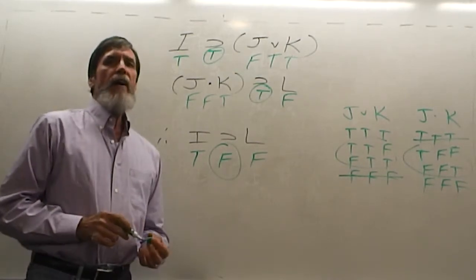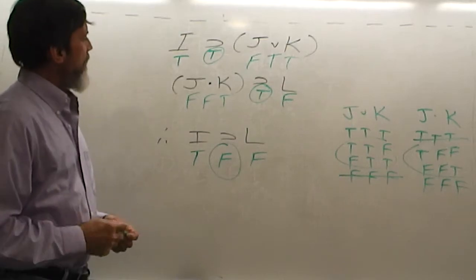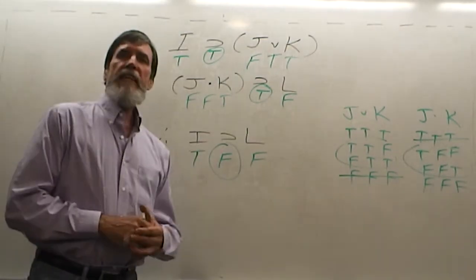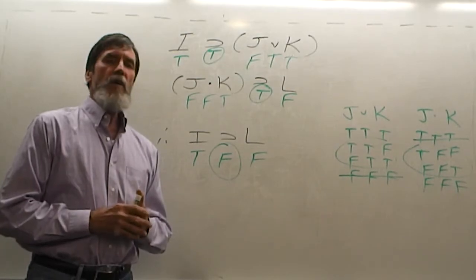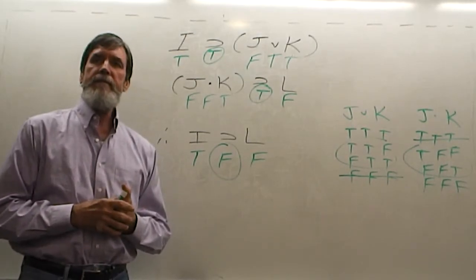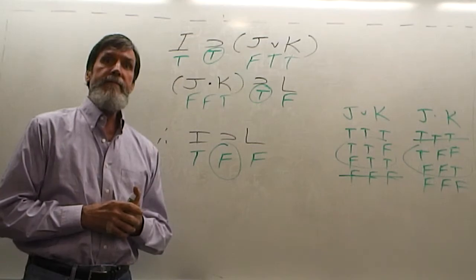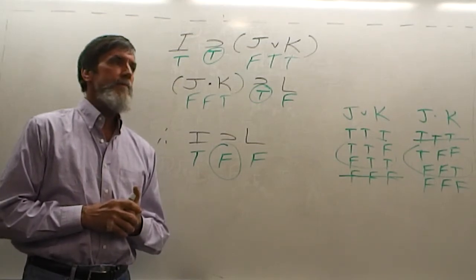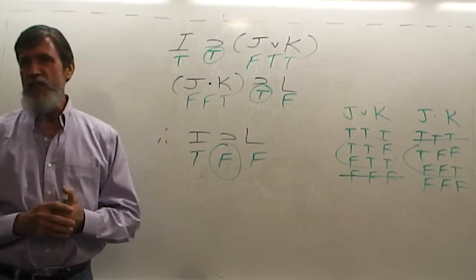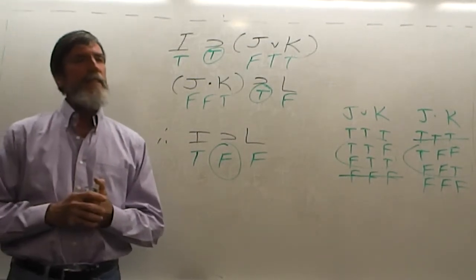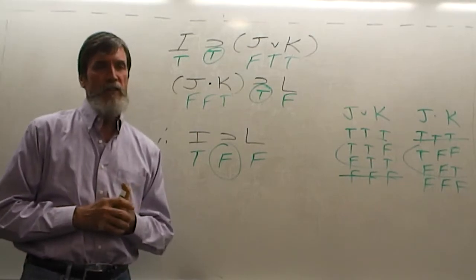And one thing I want to point out at this time is that we've completed the procedure successfully. Is that good or bad for this argument form? It's bad, because what we've succeeded in doing is showing that it's possible for the premises to be true and the conclusion false.